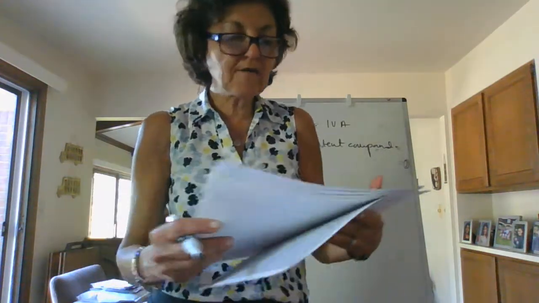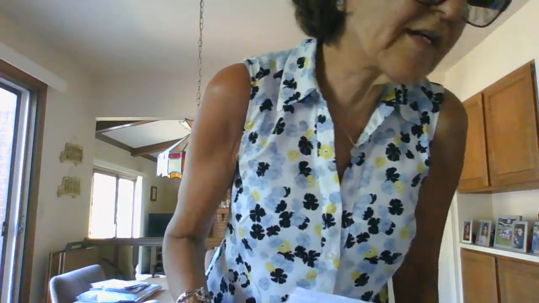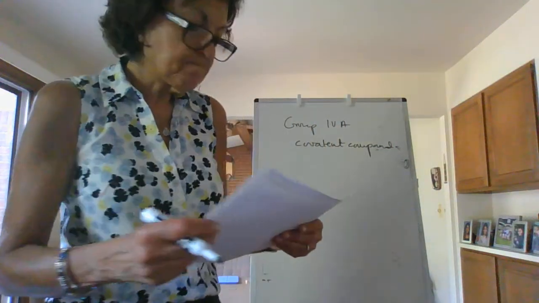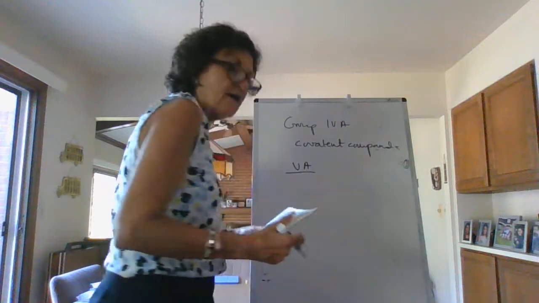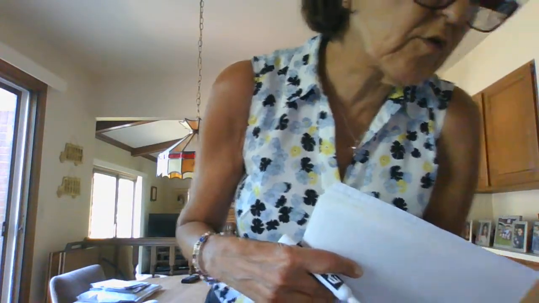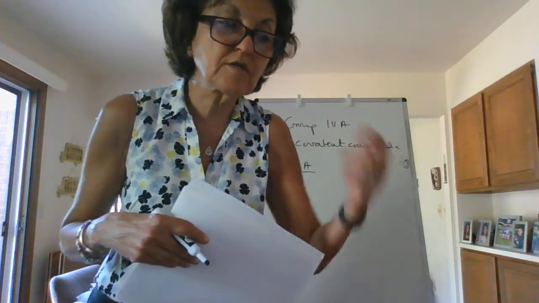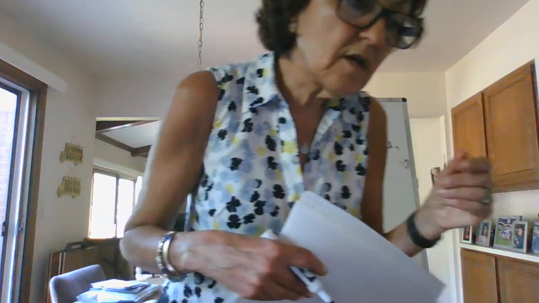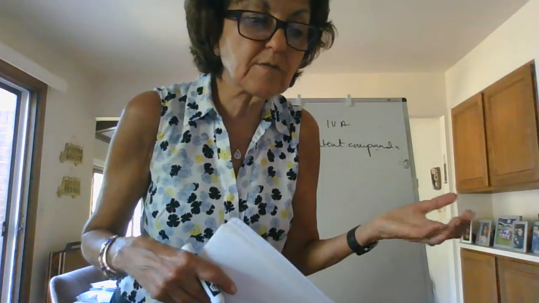Okay, group 5A. Which ones are those? That's your nitrogen and phosphorus and arsenic. It's interesting, group 5A, you can have metals, you can have metalloids, and you can have nonmetals. Nitrogen and phosphorus are nonmetals. Arsenic is a metalloid or semi-metal.